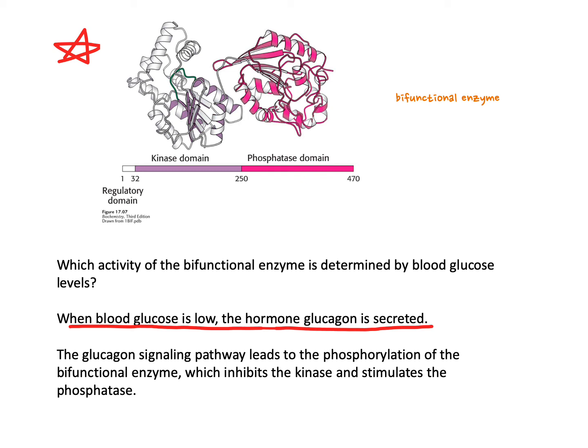And how blood glucose level controls this bifunctional enzyme is through a hormone. When the blood glucose is low, the hormone glucagon is secreted, and the glucagon signal pathway leads to the phosphorylation of the bifunctional enzyme, which inhibits the kinase and stimulates the phosphatase.